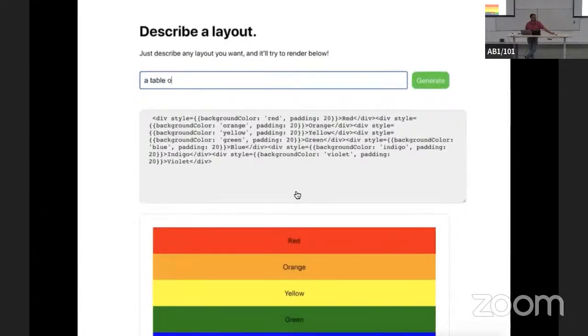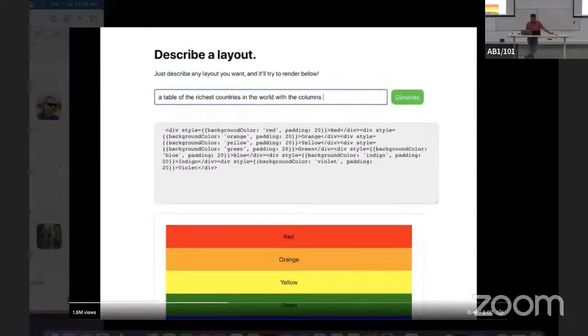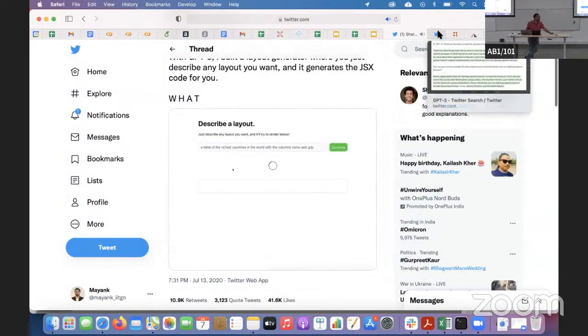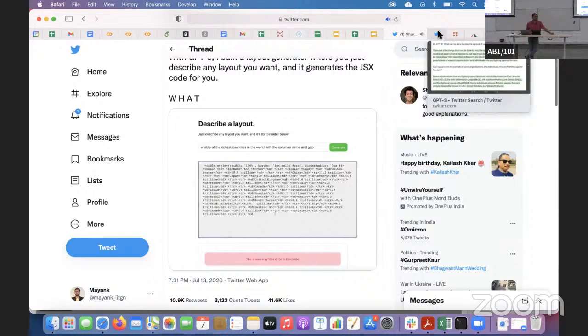Everything is automatic. Earlier, coders were asked to write code. This time you just give this layout information and the system will generate the code for you, which you can just paste in your repository.